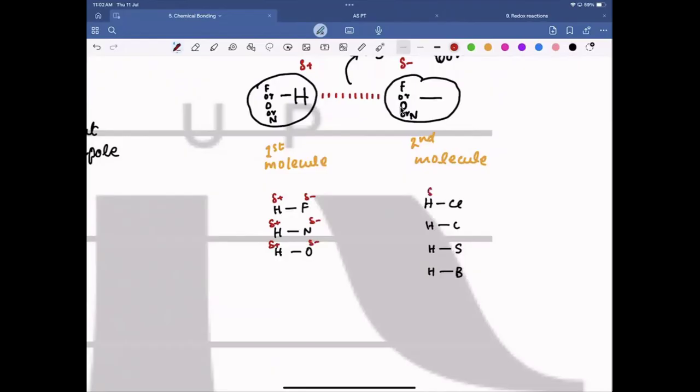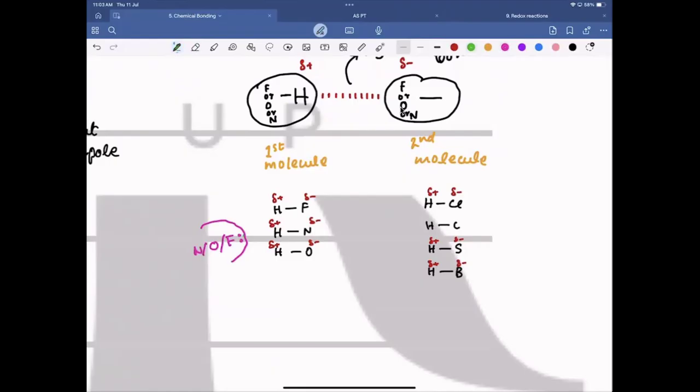Yes, sir. The same happens over here. In hydrogen and carbon, we consider the electronegativity difference to be very small. So there is another molecule, for example, over here, which contains fluorine or oxygen or nitrogen, and all of them have a lone pair.